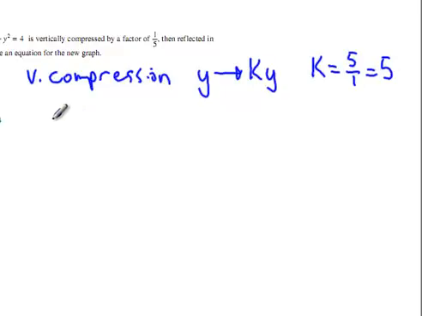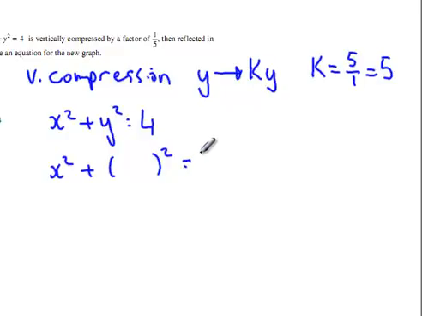Let's take our original relation, let's not call it a function, x squared plus y squared equals 4. You may recognize this particular shape, and then again you may not. I don't think you really need to in order to do the question. So here's x squared, and I'm going to put in some brackets for my y, which gets squared, equals 4.